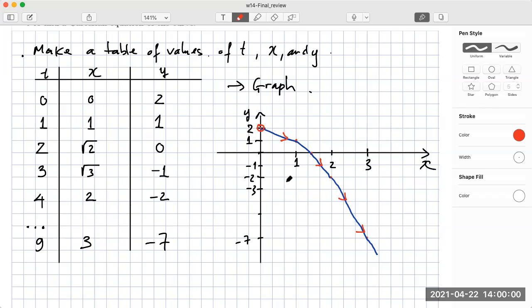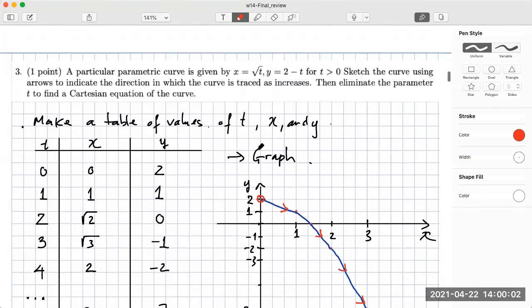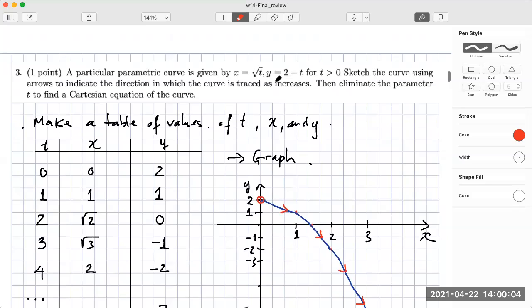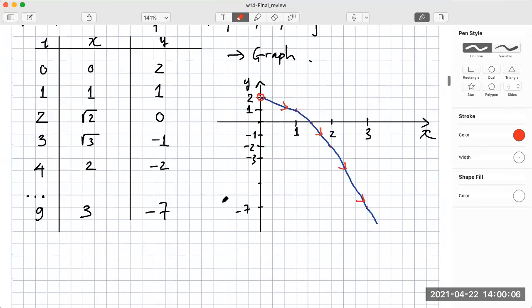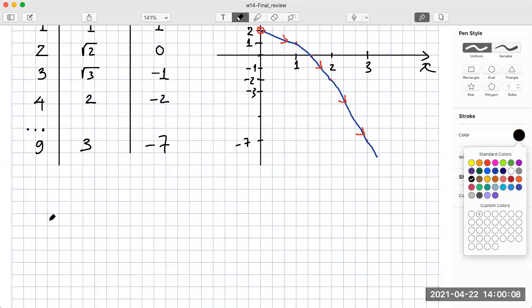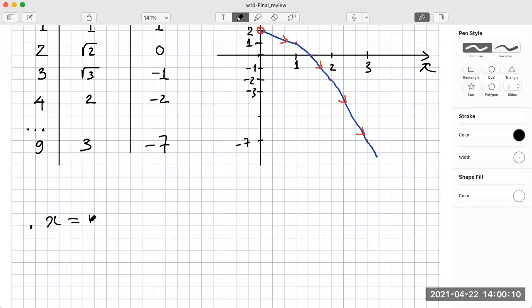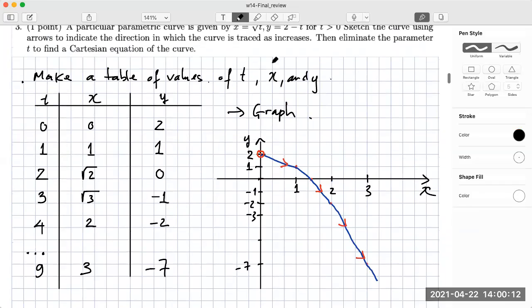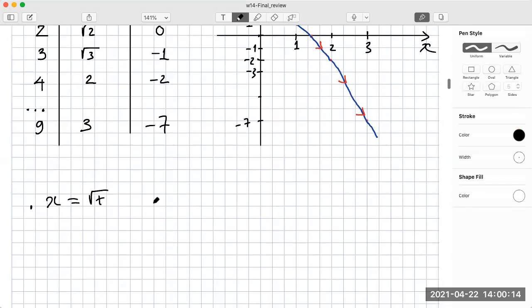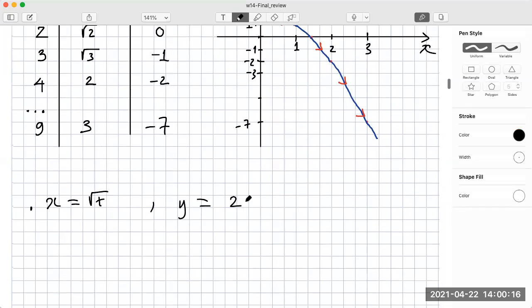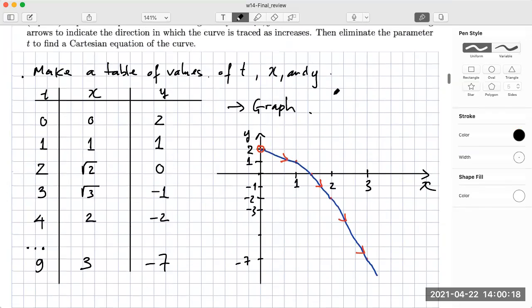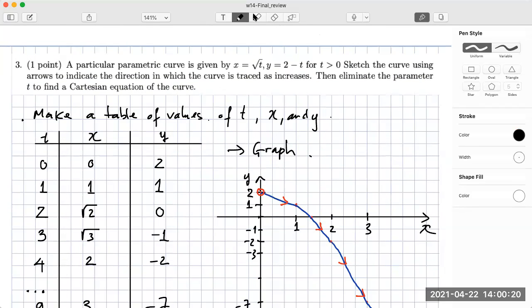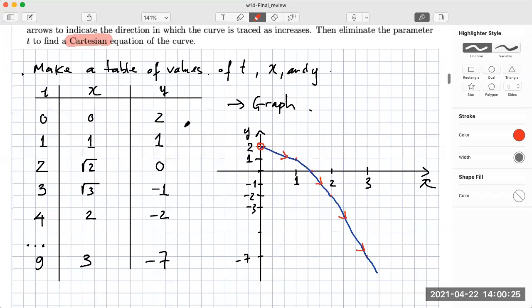Very good. Now, here, x is equal to square root of t. Y is equal to 2 minus t. We want to write it as a Cartesian equation.